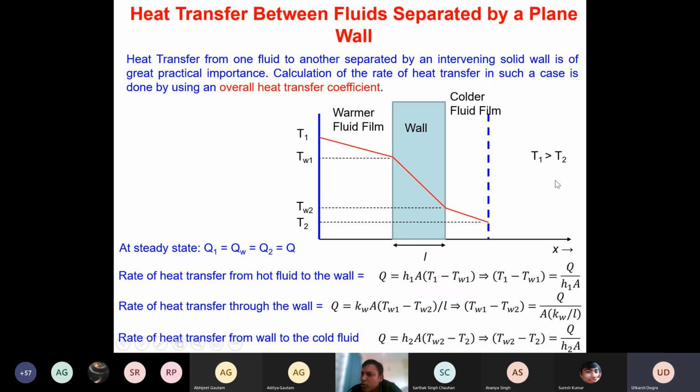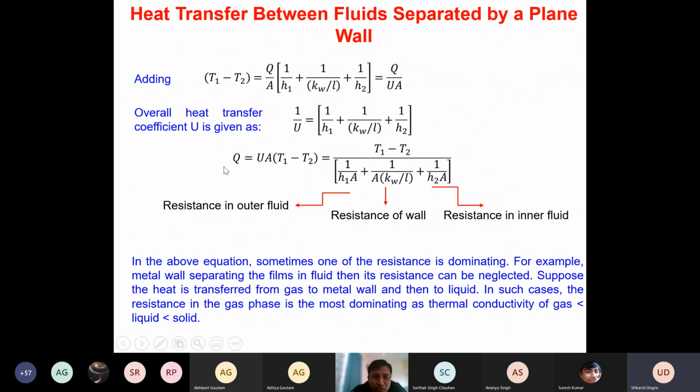Rather than doing that, we use UA delta T, where U incorporates the effect of the film outside as well as the conduction resistance. So all three resistances are included directly in this U, and therefore we write Q as UA delta T. This is similar to Newton's law of cooling.